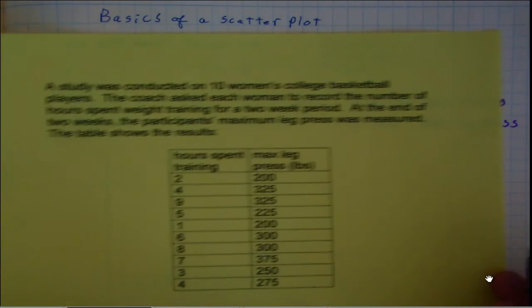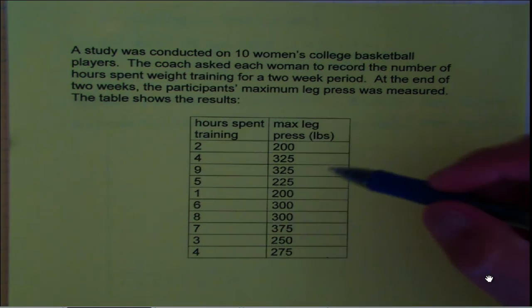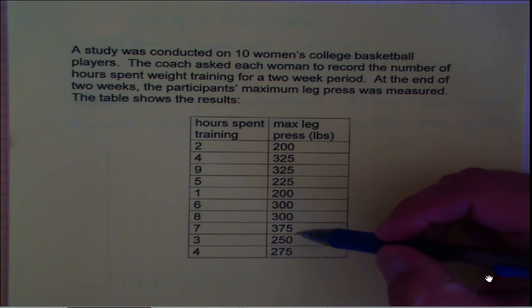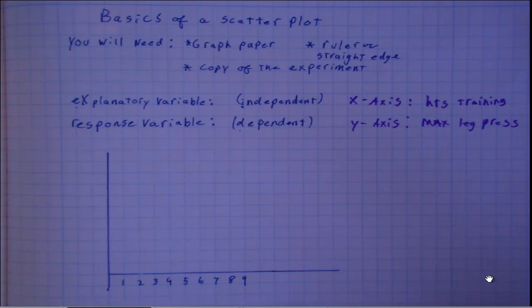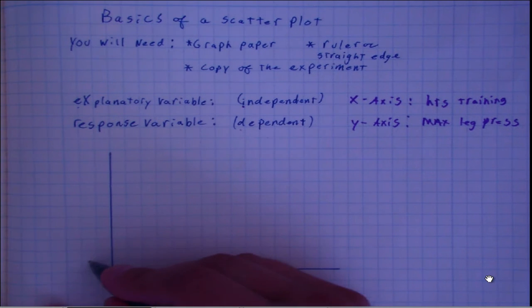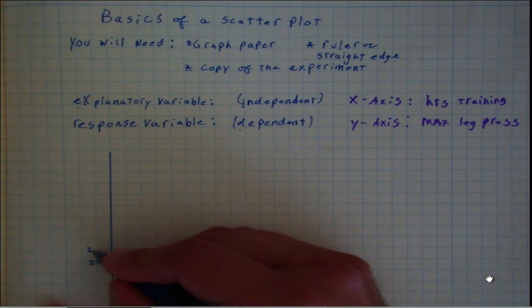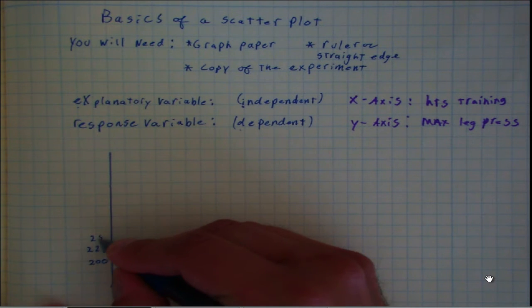If you look at your response variables, the smallest value is 200 and the largest value is 375. So we're going to go in increments probably of 25. So 200, 225, 250, and so on.